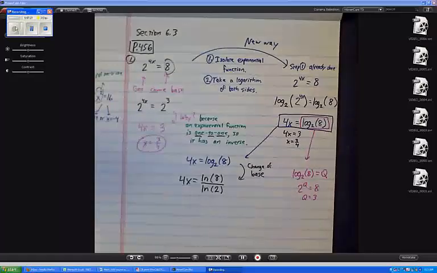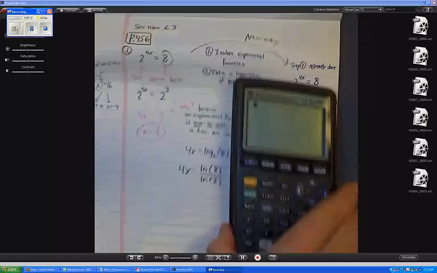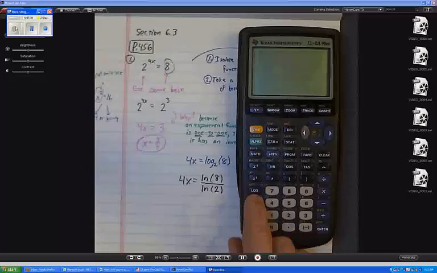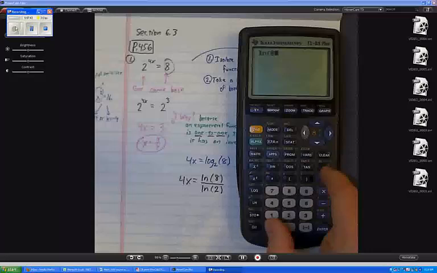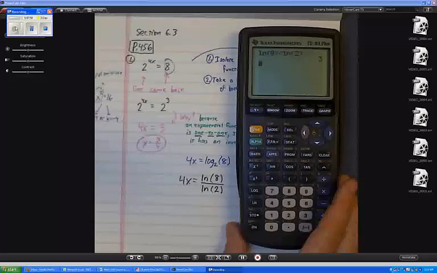So if I take my calculator, and if I type in, well, where's natural log? It's right down just below my x squared key. I have a log button and then a natural log button. So I'll hit the natural log of 8 divided by the natural log of 2. It gave me 3. Question?